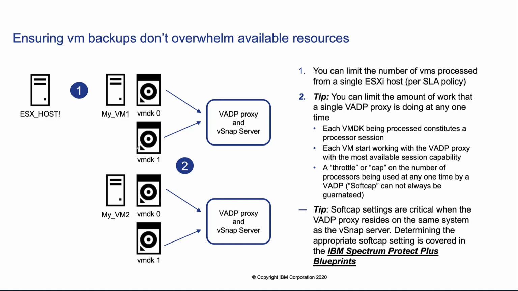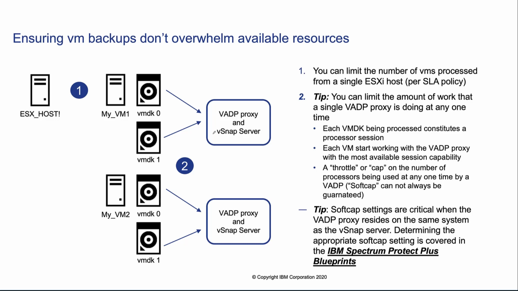And then you can limit the amount of work done by a single VADP proxy at any one time. You're telling the VADP proxy how many sessions, how many CPUs you want to dedicate to backing up data.